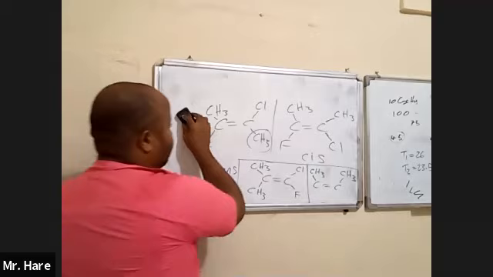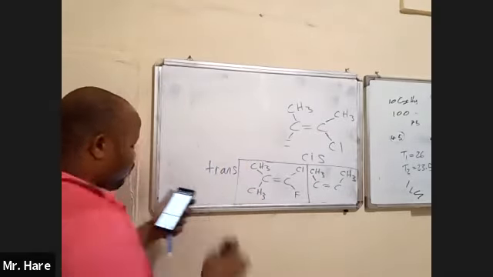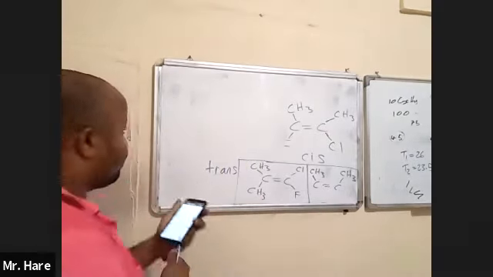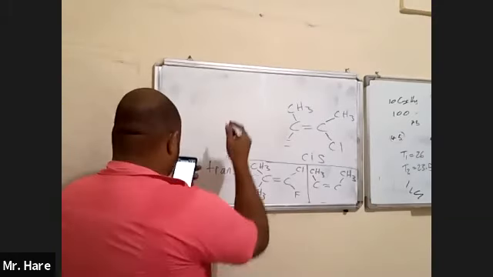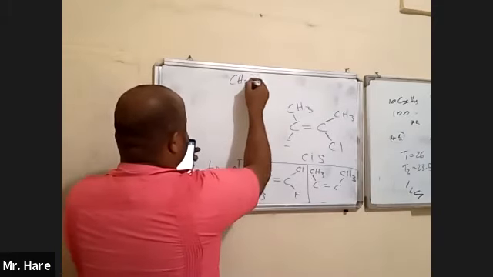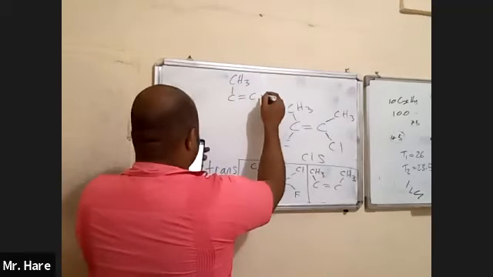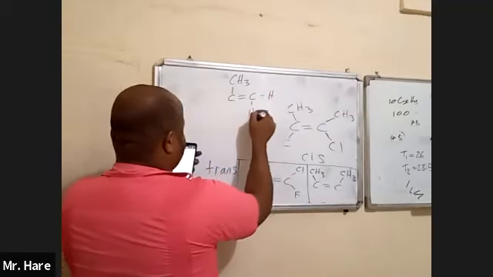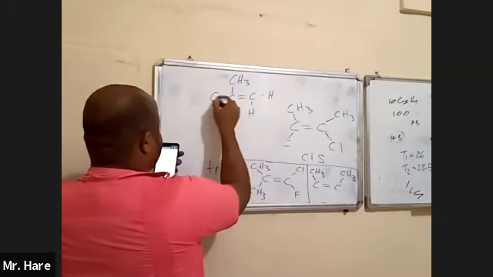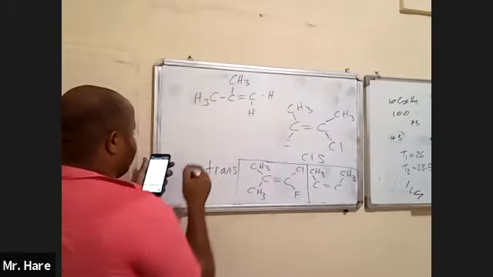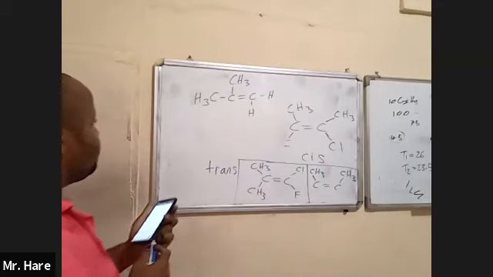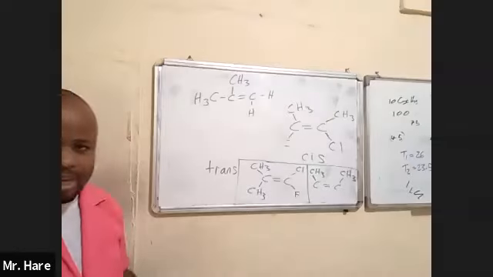Right? So let me put my compound A on the board. So that is compound A. Does it show cis-trans isomerism?